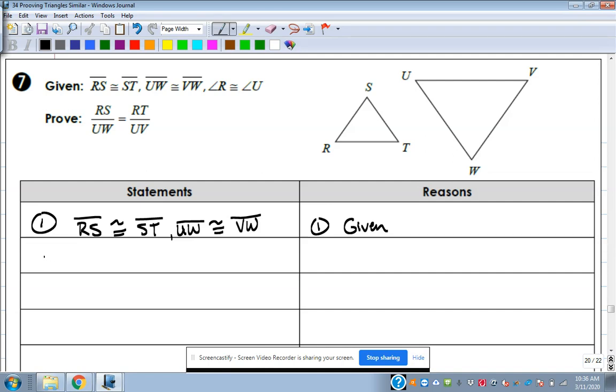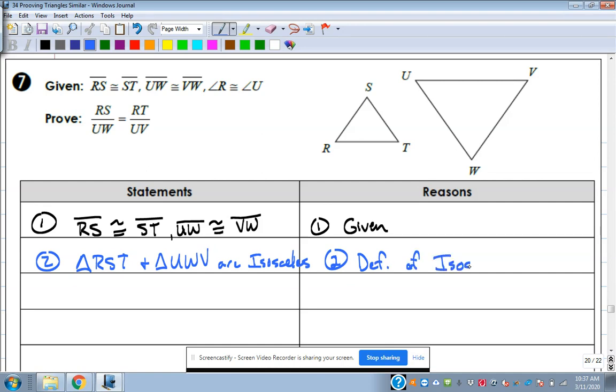So we're going to say on step 2, triangle RST and triangle UWV are isosceles. And that's number 2, through the definition of isosceles triangles.